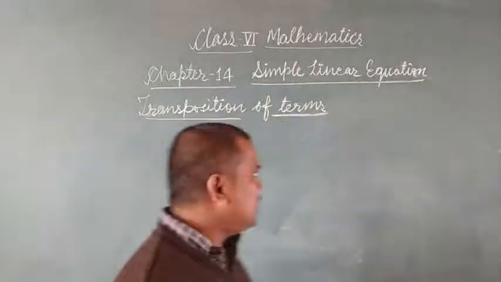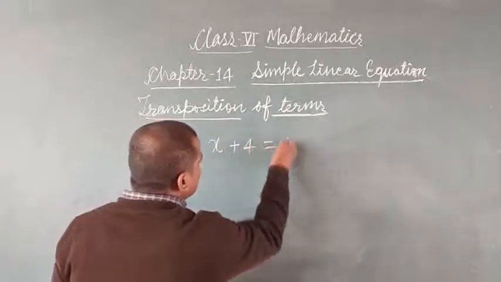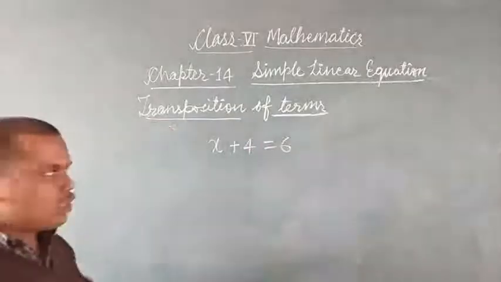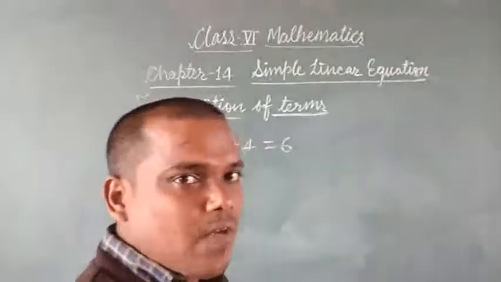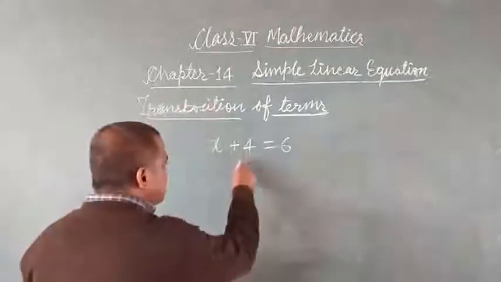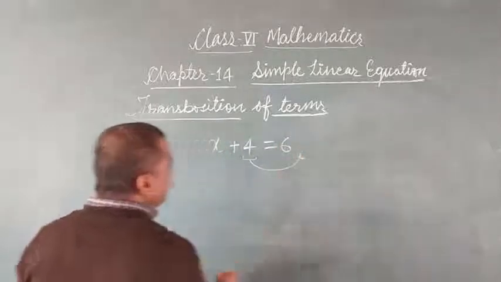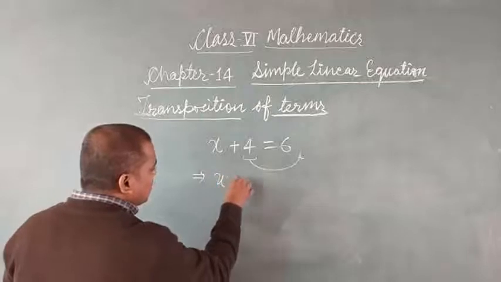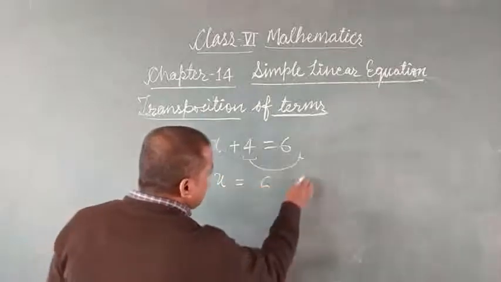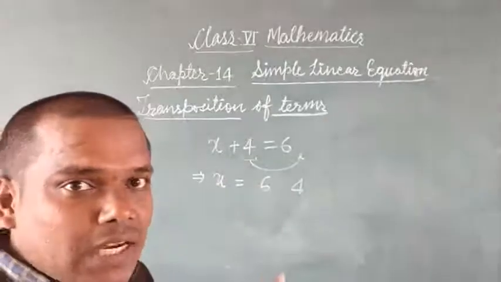For example, you see, if we are having x plus 4 is equal to 6 and we have to find the solution. So in this case we transpose the term from left to right. Here is the constant term and we send this term to this side. By doing so, we can write, this implies that x is equal to 6 and here 4 will come. The thing is that which sign we will give to it.